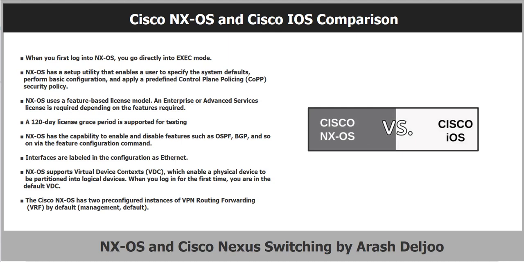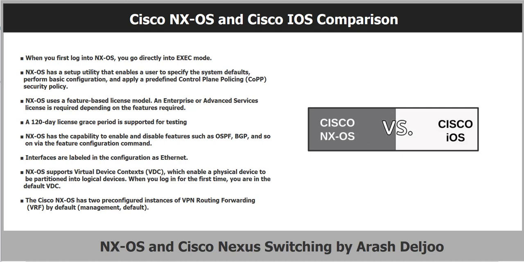Alright, the next topic in this video is Cisco NX-OS and Cisco IOS comparison. If you are familiar with the traditional Cisco IOS command line interface or CLI, the CLI for NX-OS is similar to Cisco IOS. There are key differences that should be understood prior to working with NX-OS, however.